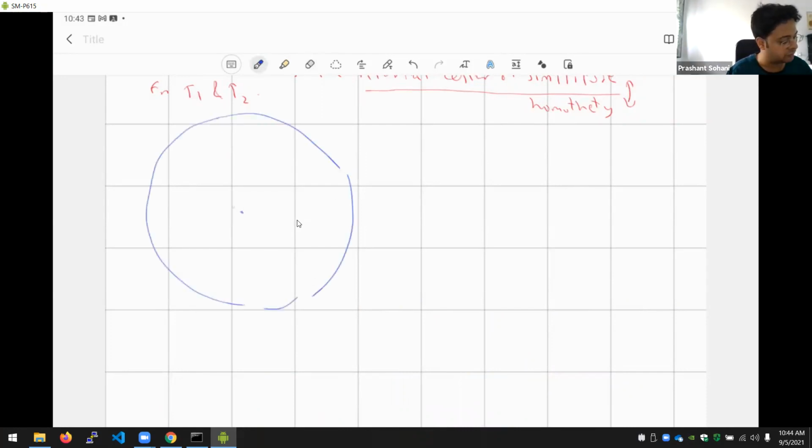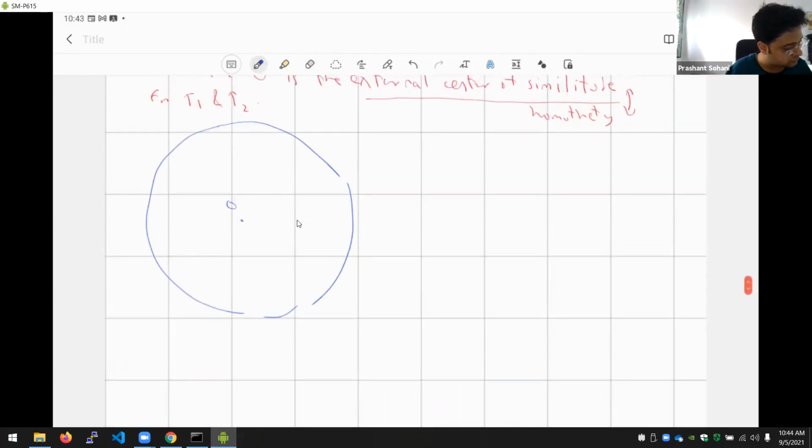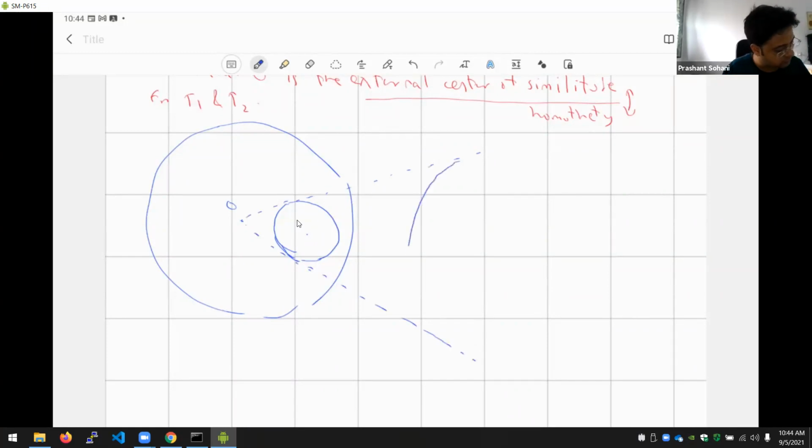So this is our center of the circle of inversion. Knowing the fact that they are going to be homothetic, I can be a little bit more accurate in drawing the other circle. Maybe something like this.